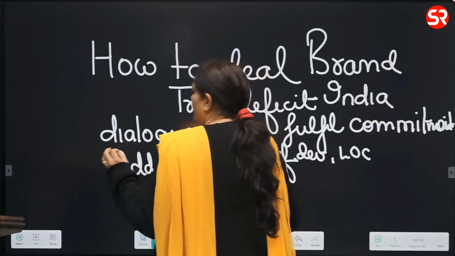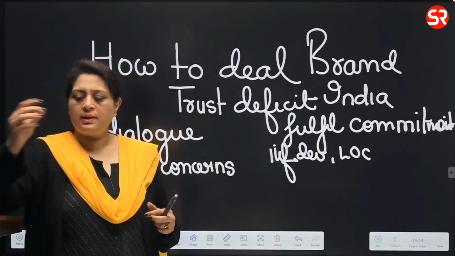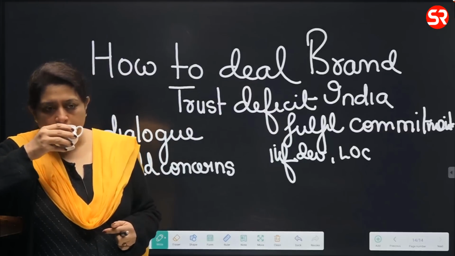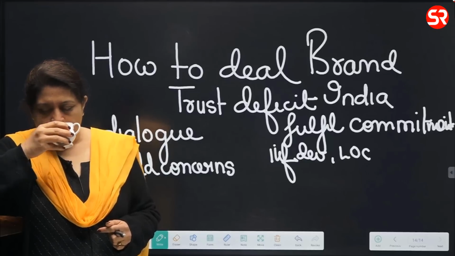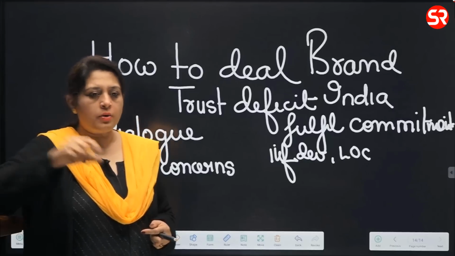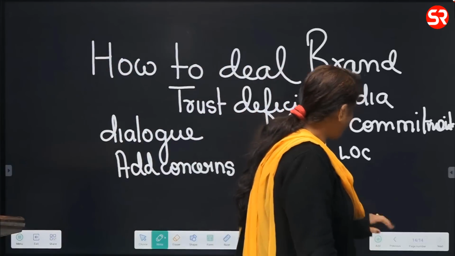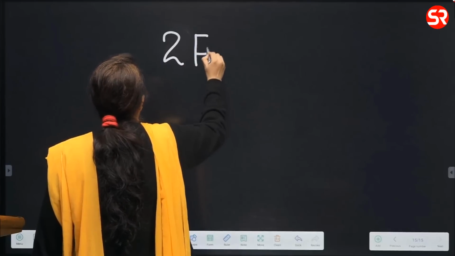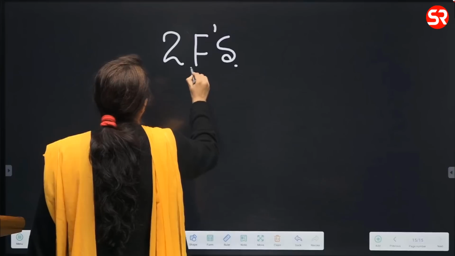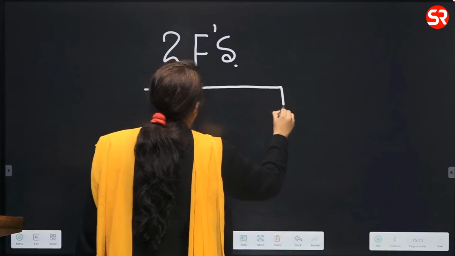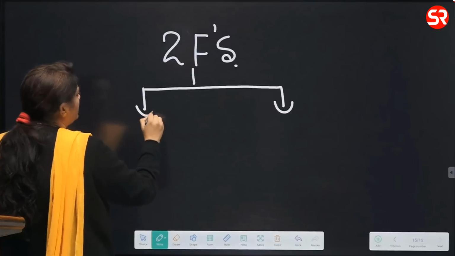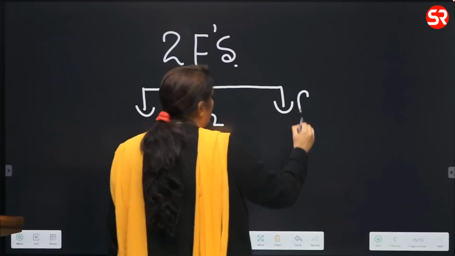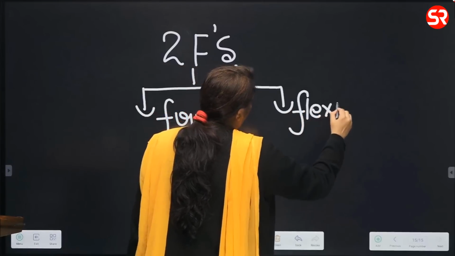And if in a single line I have to tell how to deal with the neighbors, my formula will be two F's. The two F's will be firm and flexible at the same time.